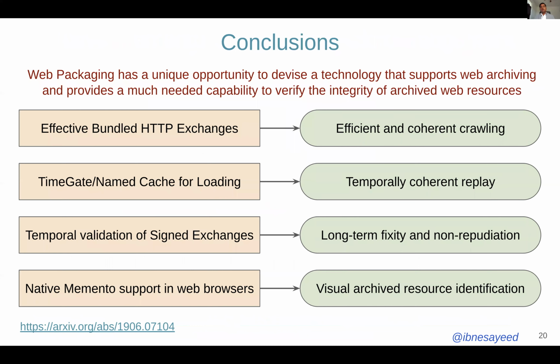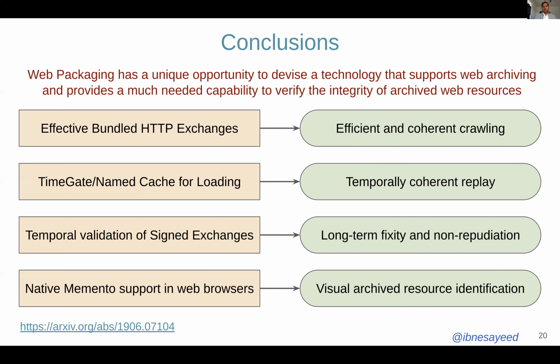So in conclusion, the packaging community has a unique opportunity to devise technology that supports web archiving and provides a much needed capability to verify the integrity of archived web resources. With the web moving towards web bundles, whenever it happens, we'll have more efficient and coherent crawling, provided we devise our crawlers to take advantage of it.